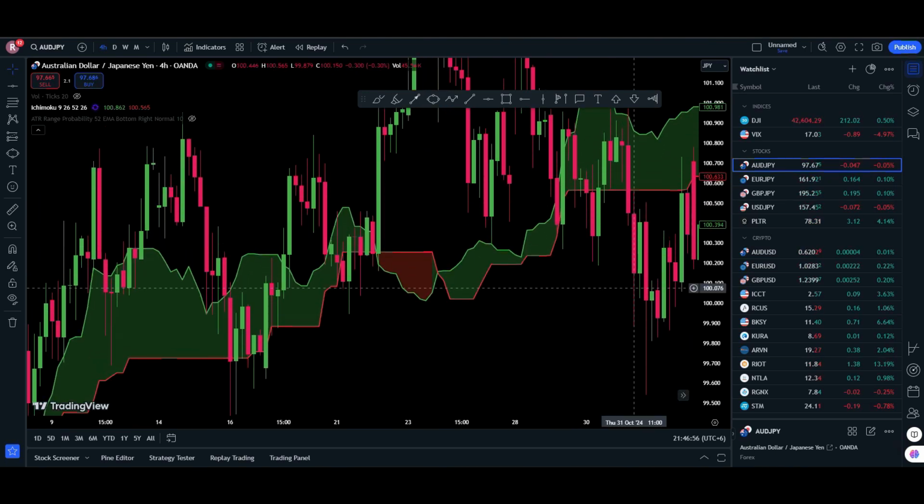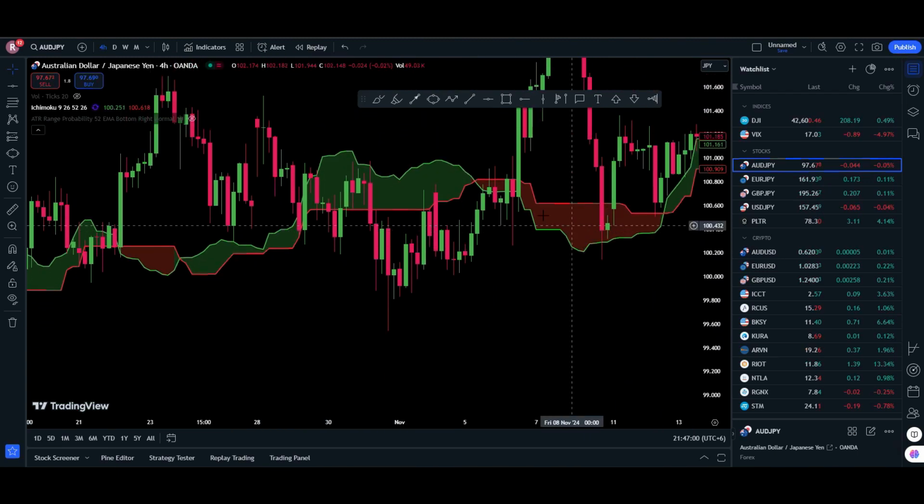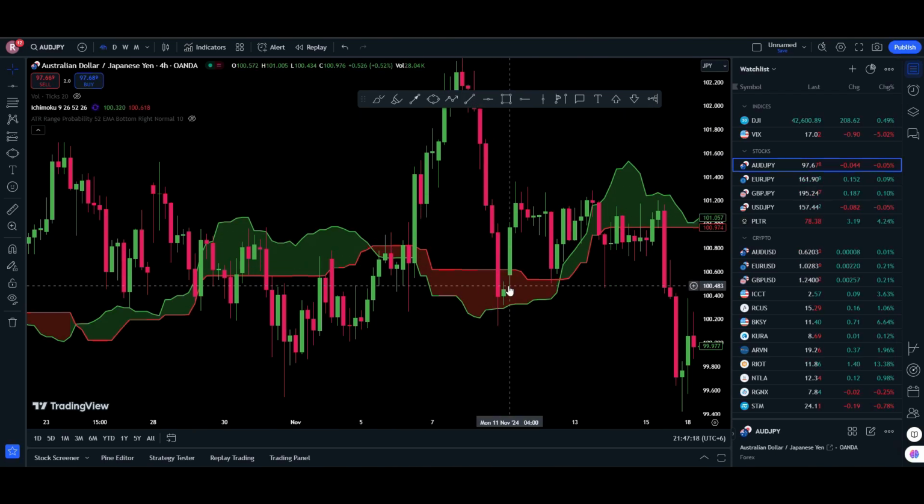The second interpretation of the cloud is, the thicker the cloud is, the more supportive it will be. It means if the price is above the cloud and it has a very thick cloud like this, then whenever the price comes back to this thick area, it will get great support from this whole cloud range.